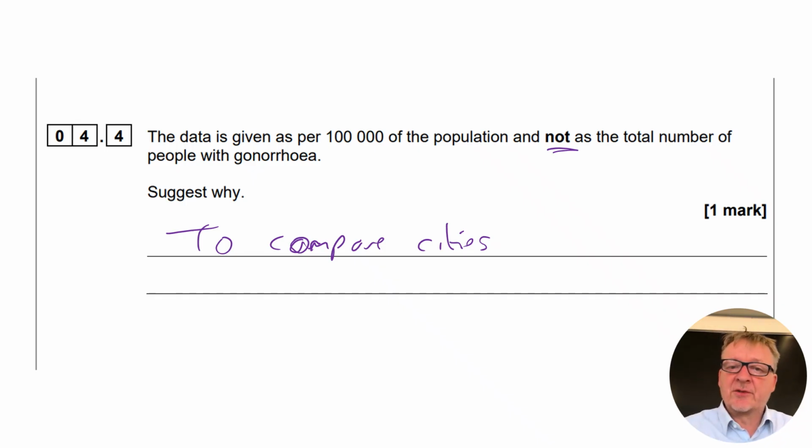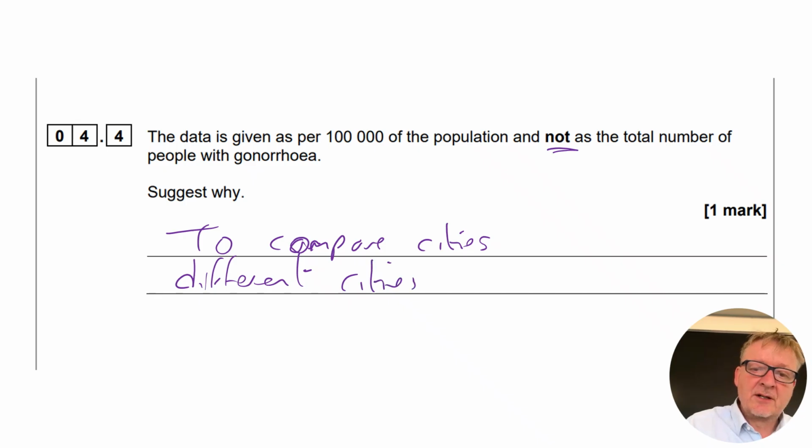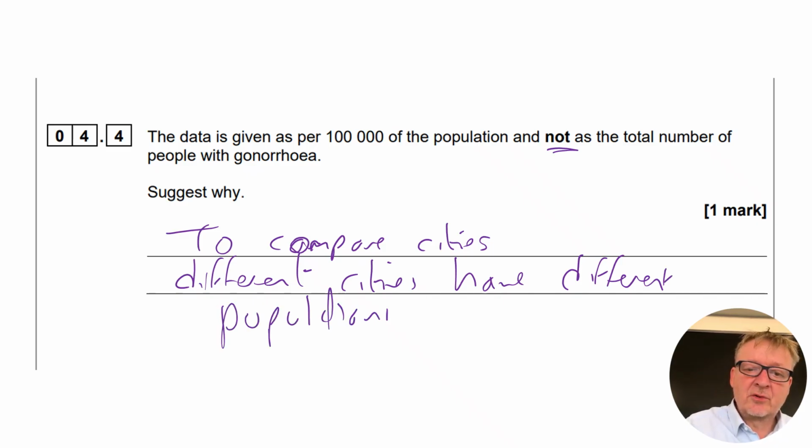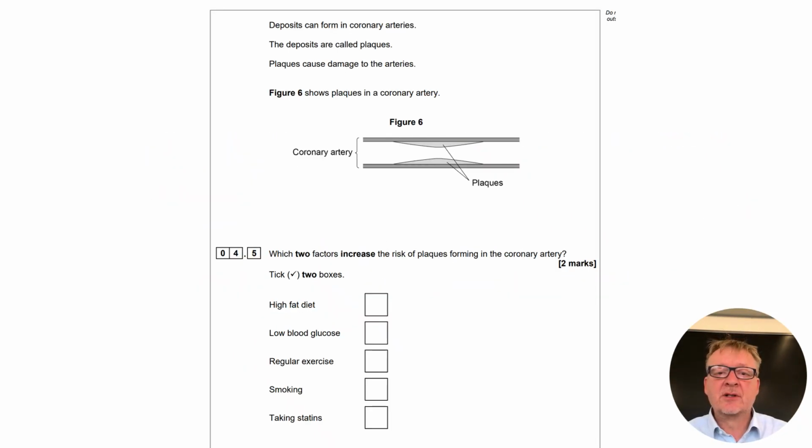So you have to do a comparison which is per 100,000 people. So it allows you to compare cities because different cities have different populations. Or else it'll always make the biggest cities look way worse than everywhere else.